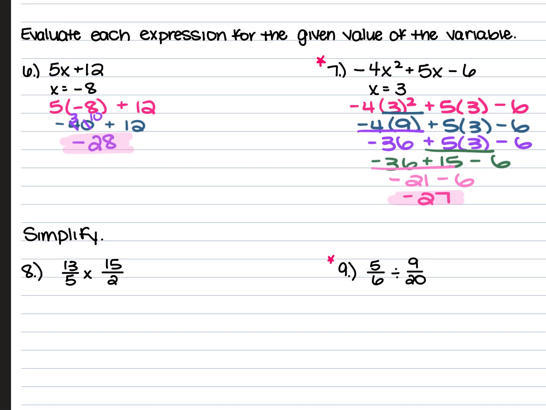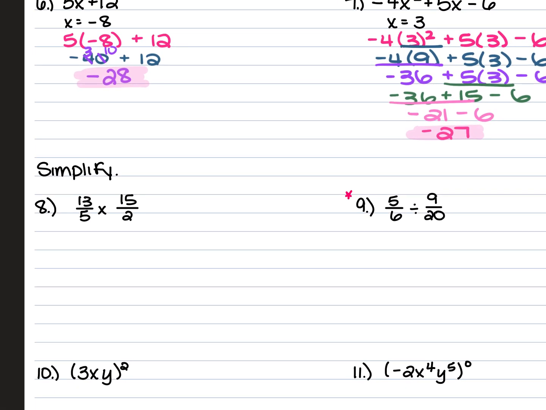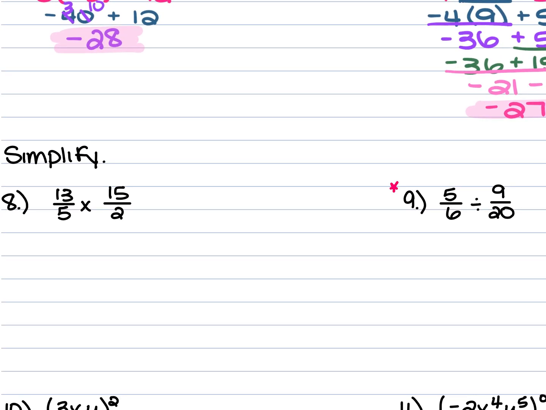For number 8, you are simplifying 13 over 5 times 15 over 2. Check to see if you can cross-simplify before you multiply. 5 and 15. Great. 5 and 15 are both divisible by what number? 5. The 5 turns into 1, but the 15 turns into what? 3. There you go. So now from here, the 13 and the 2 don't cross-simplify. The only factor that they share is 1.